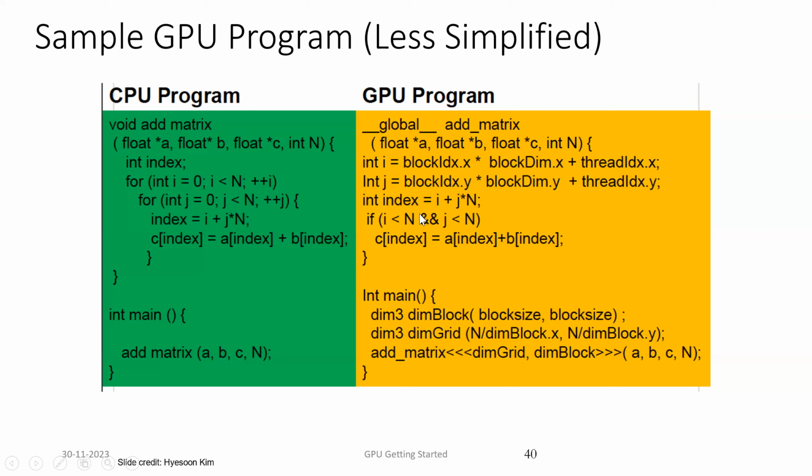And with that, we are getting a unique index for each thread. For a given thread ID, we have a unique index. That's how we are able to process multiple of these array elements without any correctness issues or synchronization issues.